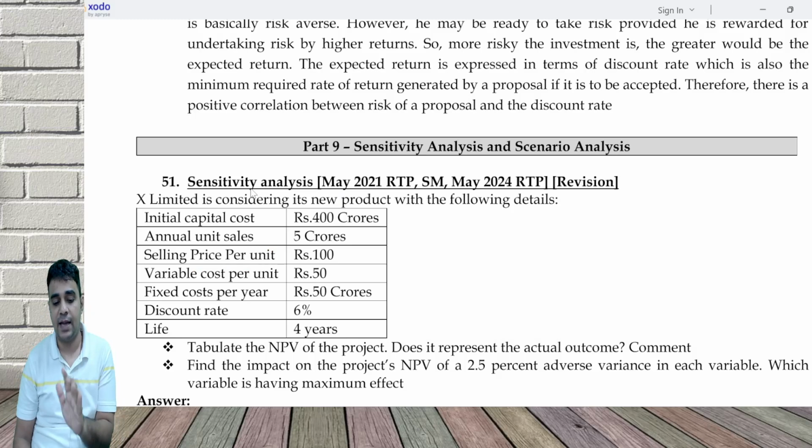Does it represent the actual outcome? No, this is my expectation. Then they're saying what is the impact on NPV if there is a 2.5% adverse variance in each variable. Adverse means the negative change. So I'll first do the initial NPV and then we'll give effective changes.